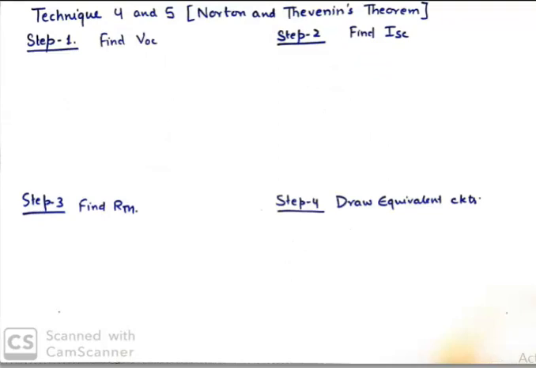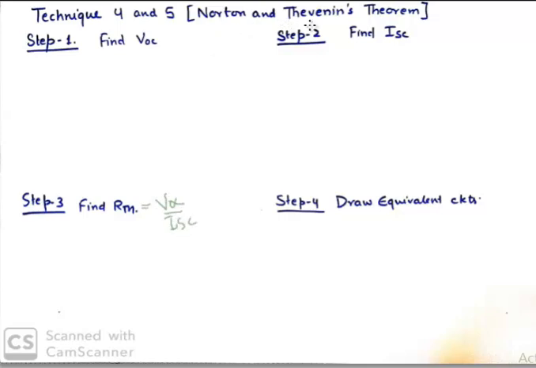Now if you have seen my previous video, I've mentioned that dependent sources can be solved very easily using Norton or Thevenin's theorem. It's just that we cannot find RTH directly. So the steps are to find VOC and ISC and then find RTH, which becomes equivalent to VOC upon ISC.